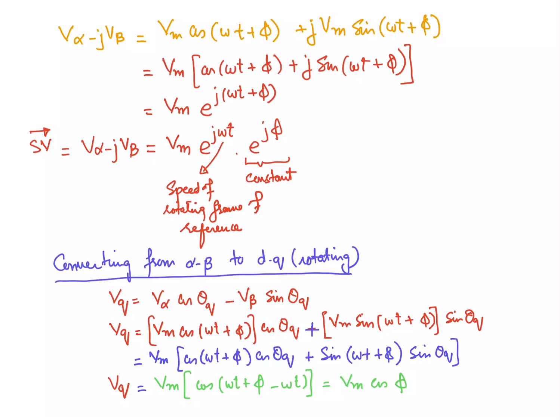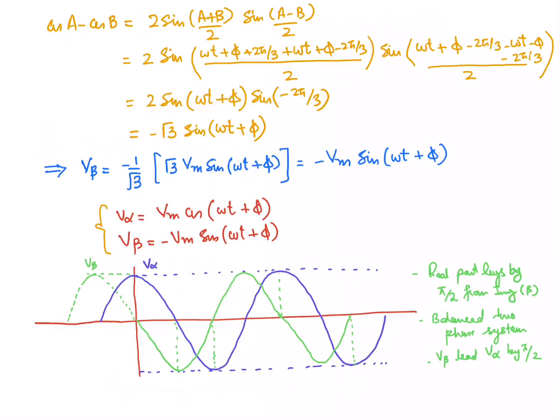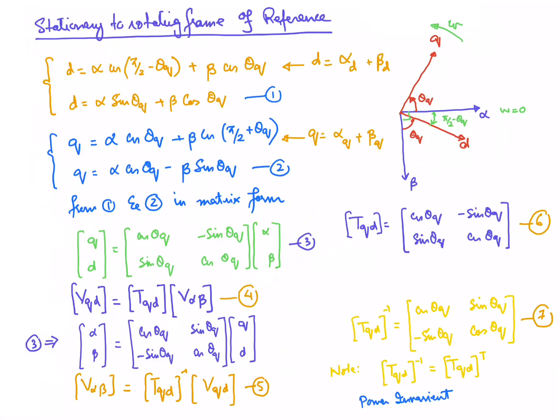d axis voltage. For that we can write down the equation that Vd is equal to V alpha into sine of theta q plus V beta into cos of theta q. So this is from this slide. Here we are going to pick up the equation for the d axis voltage, and that is V alpha sine of theta plus V beta cos of theta.